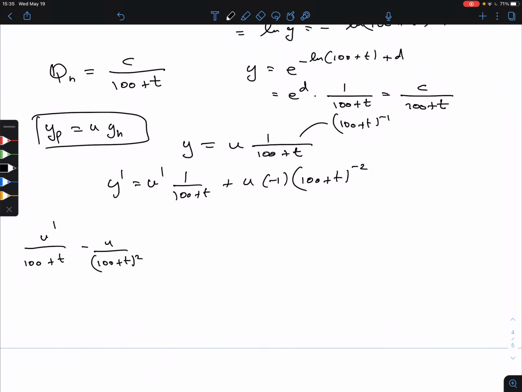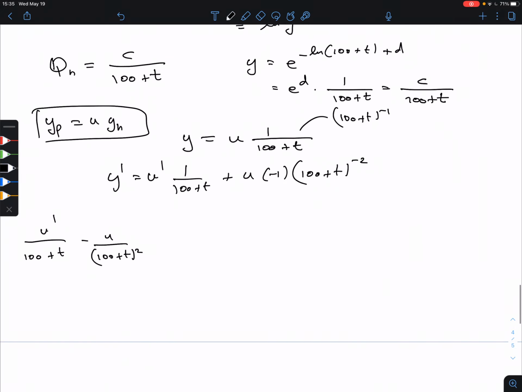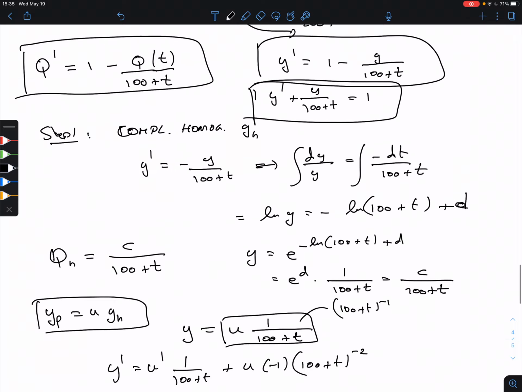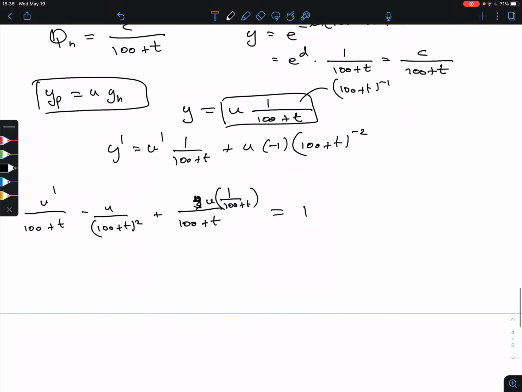You with me? Okay, that's y prime, and now we have plus y over 100 plus t. But what was y? y was u over 100 plus t, with c equal to 1. So this is actually u over 100 plus t equals, and that whole thing was just equal to 1.